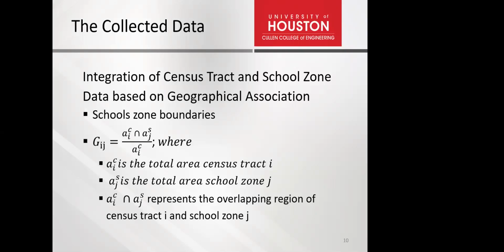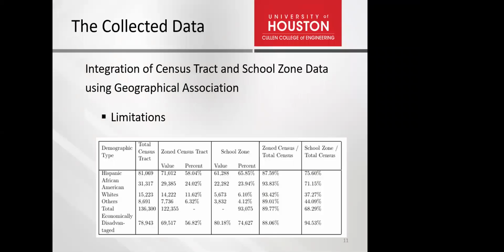In fact, if you look at this table, what we did was we estimated different racial demographic groups for different school zones. For this particular table, we have the elementary school zone information, and we already know that the school zone has this many students of each racial demographic group.